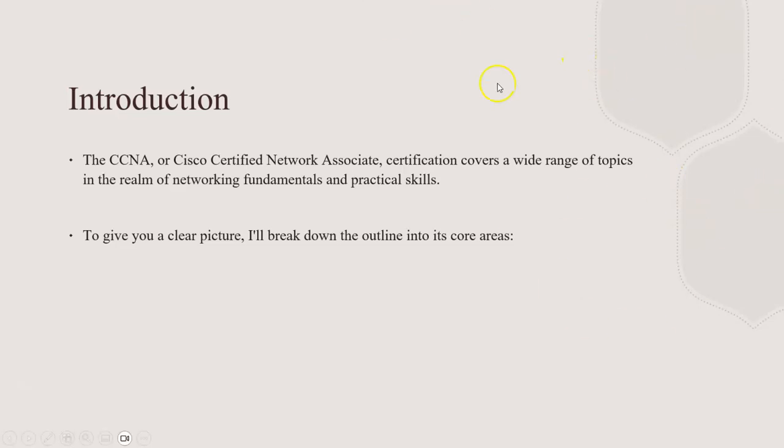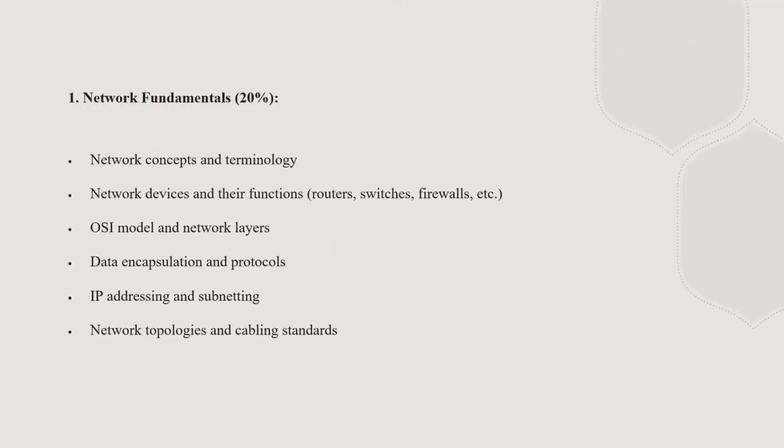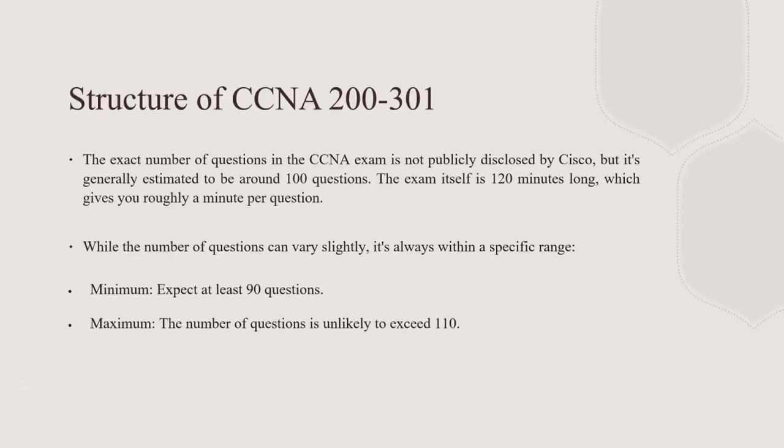To give you a clear picture, I would break down the outline into the following areas. But before going to the areas, I would like to give you the structure of CCNA, what exactly CCNA is and what the important components in it are.